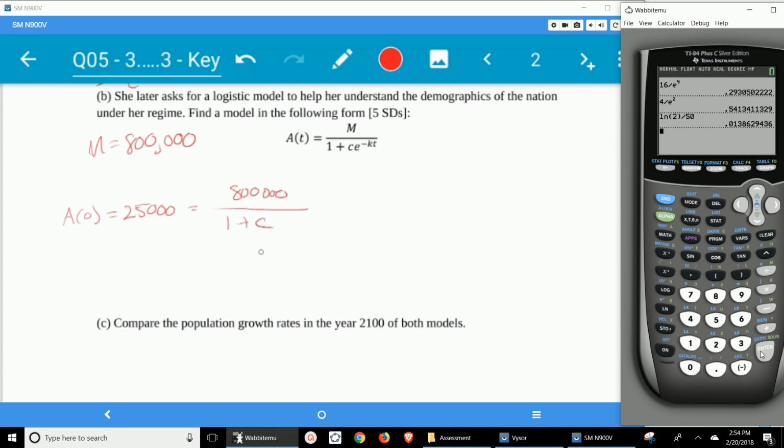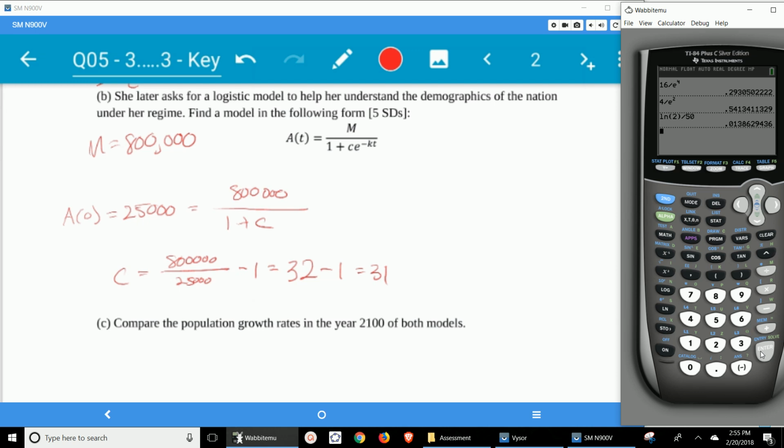So if I multiply by 1 plus C and divide by 25,000, I get that C is 800,000 divided by 25,000 minus 1. So 800 divided by 25, that's 3,200 divided by 100. So 32 minus 1 is 31. So C is 31.